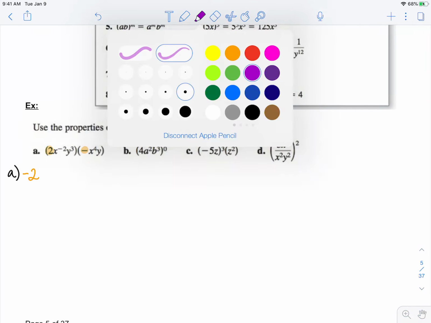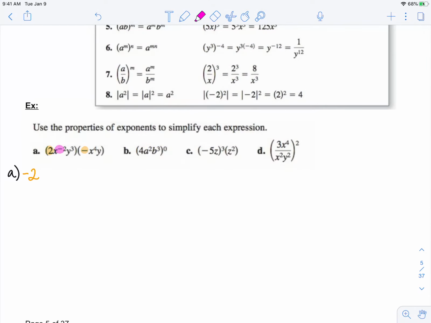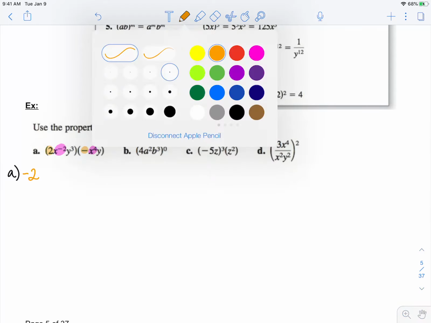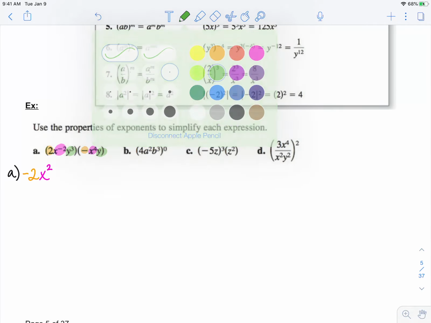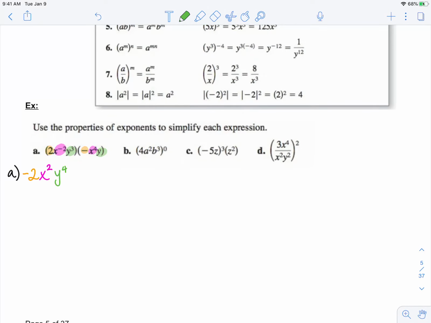Now, if I multiply my x's, x to the -2 times x to the 4th, I add those exponents. -2 plus 4 is 2. And then I need to focus on my y's. Y to the 3rd times y is y to the 4th.